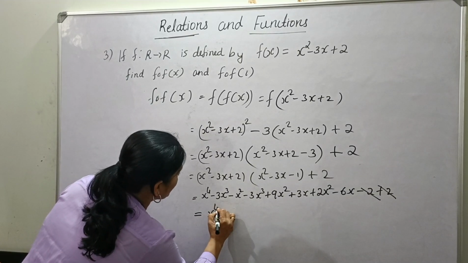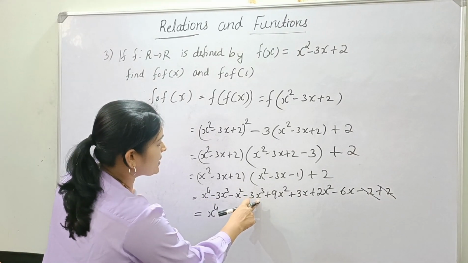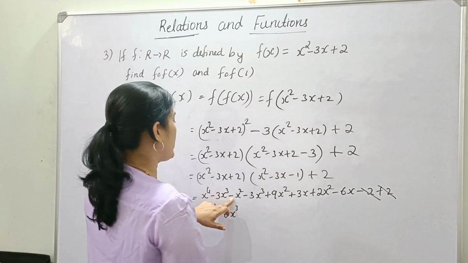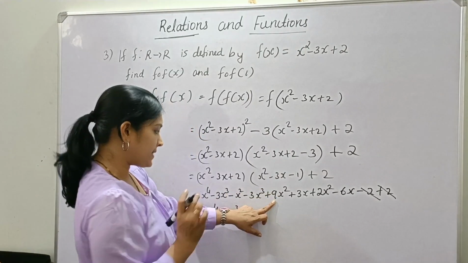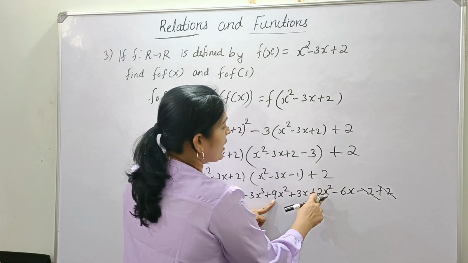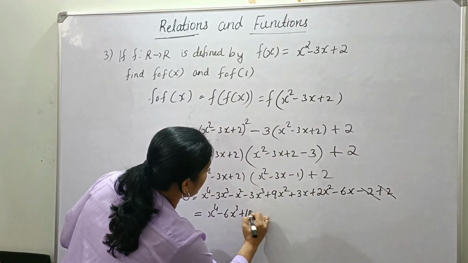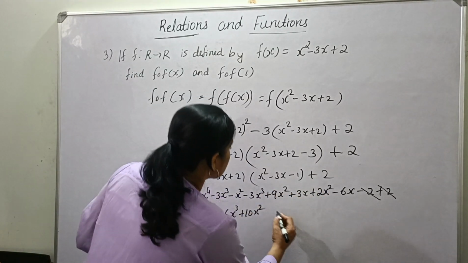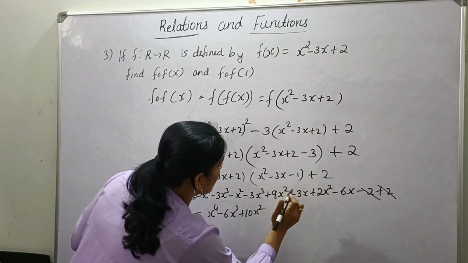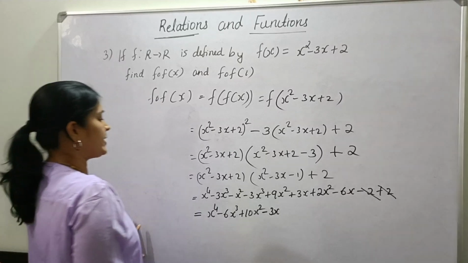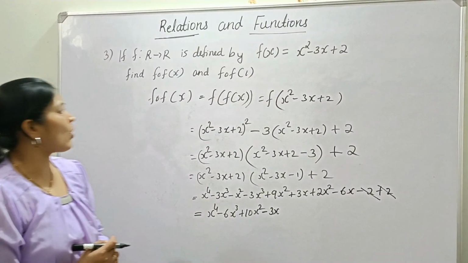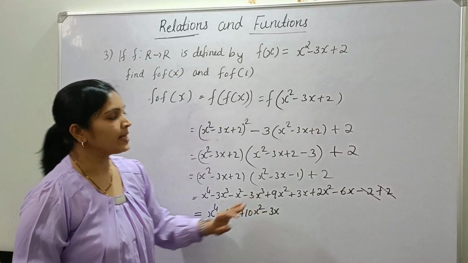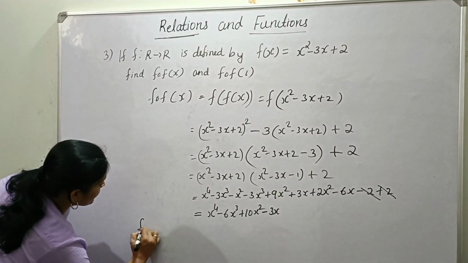Now let us write x⁴, minus 3x³ minus 3x³, that is −6x³, and −x² plus 9x² is 8x², plus 2x² is 10x². And the x terms: −6x plus 3x is −3x. That's all. So f∘f(x) is nothing but x⁴ − 6x³ + 10x² − 3x.